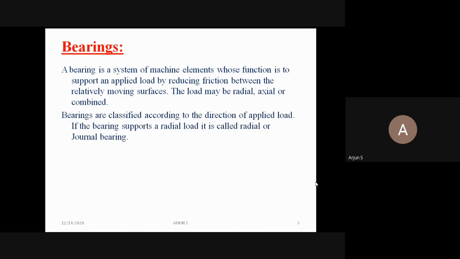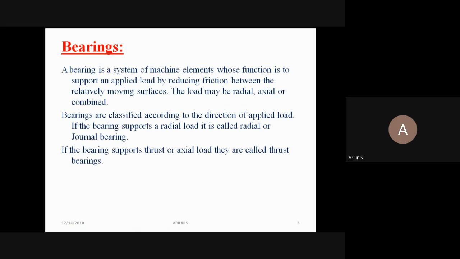If the bearing supports the radial load, then such types of bearings are called radial or generally journal bearings. If the bearing supports a thrust or axial load, then they are called thrust bearings, and some bearings can support both radial and axial loads, and they are usually known as conical bearings.